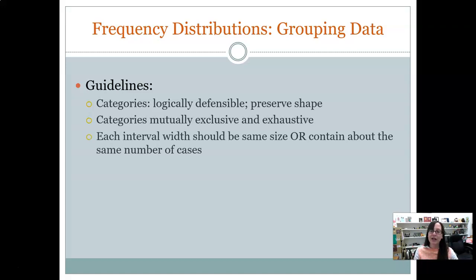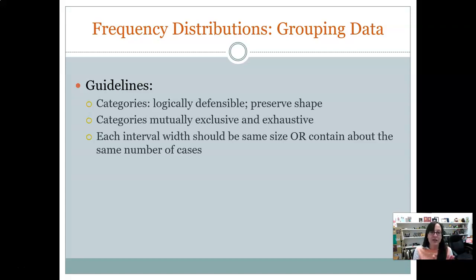And then each interval width should either be the same size. So for age, maybe you want 10-year interval widths, or it should contain the same number of cases, whichever makes more sense. If you look at your age distribution, you might have a lot of people in their late teens to early 20s.